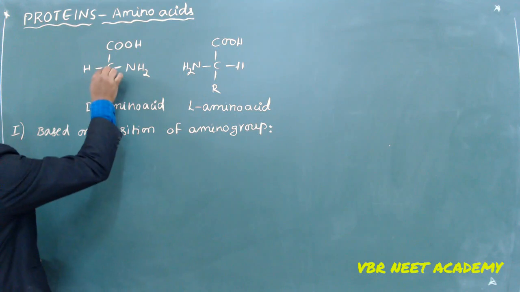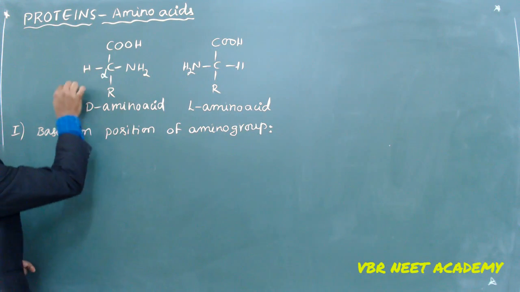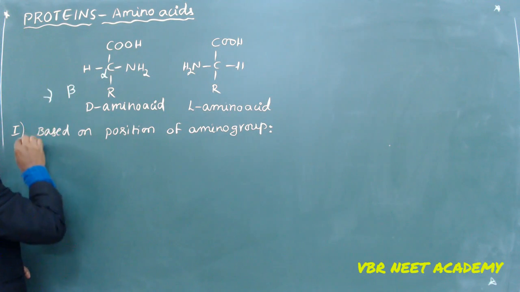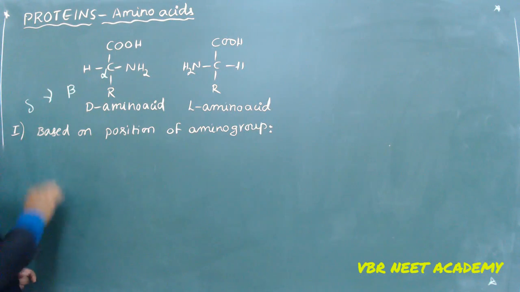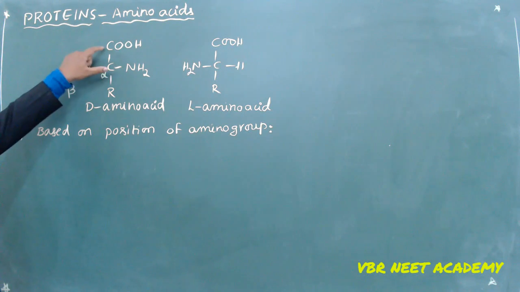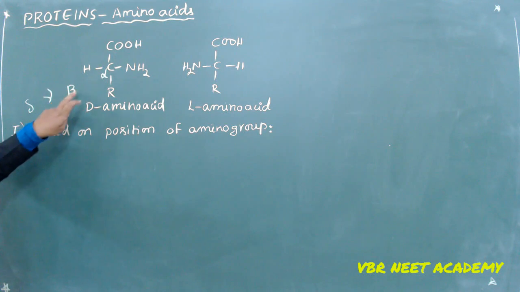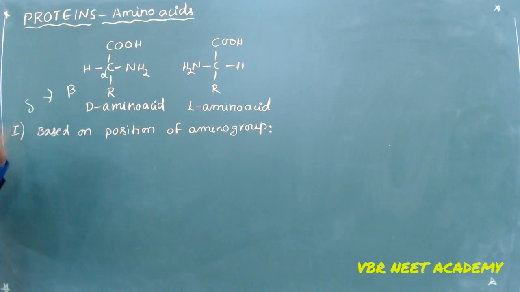Then adjacent carbon is called as alpha. Adjacent to alpha is called as beta. Adjacent to beta is called as gamma. Adjacent to gamma is called as delta. Like that we are going to have the trivial nomenclature.